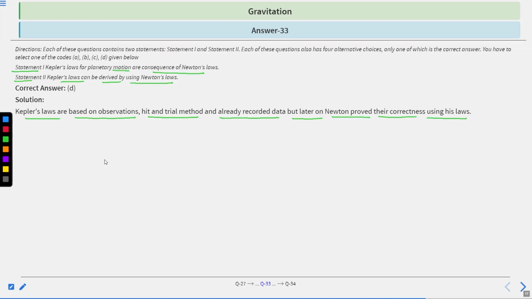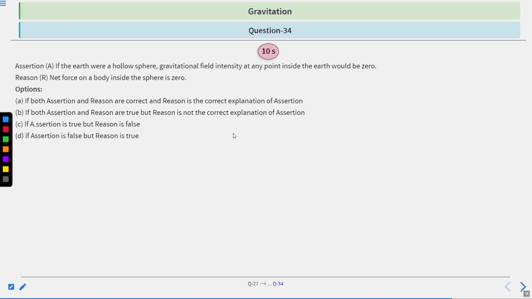Next question, question 34. Assertion: if the Earth were a hollow sphere, gravitational field intensity at any point inside the Earth would be zero. Reason: net force on a body inside the sphere is zero. Clear?